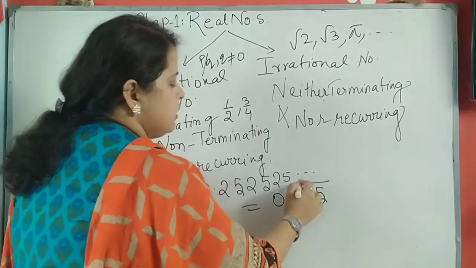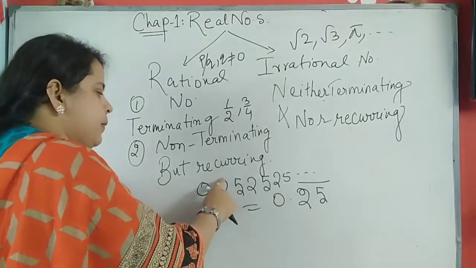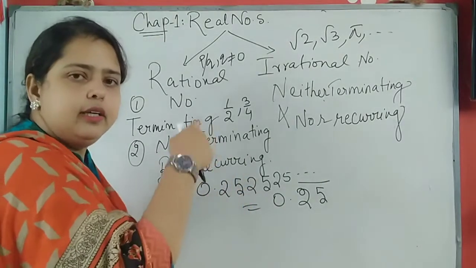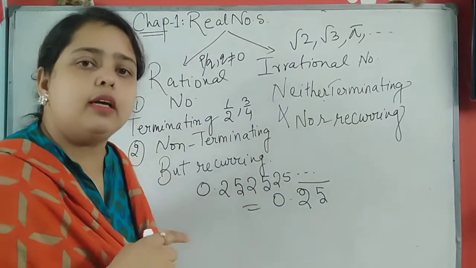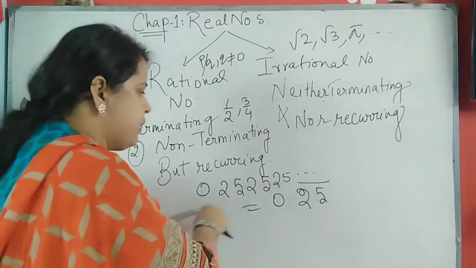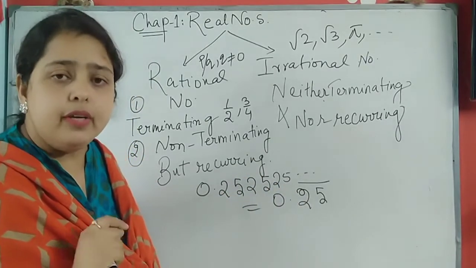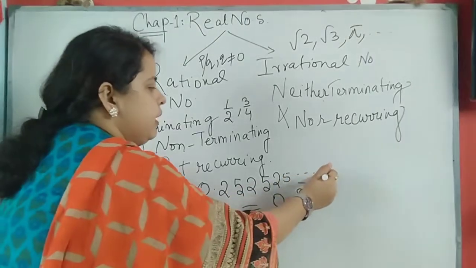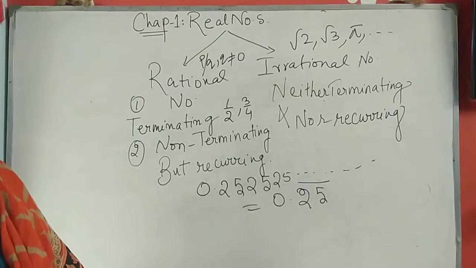We used to put this bar which shows that this particular number 2 and 5 is continuously repeating, which is even better known as recurring. So this type of decimal expansion, if at all you are getting, we call non-terminating, because you can find the dots over here. So it continues to infinity.